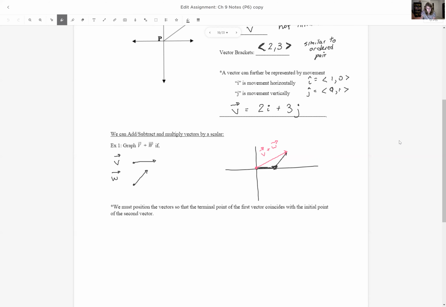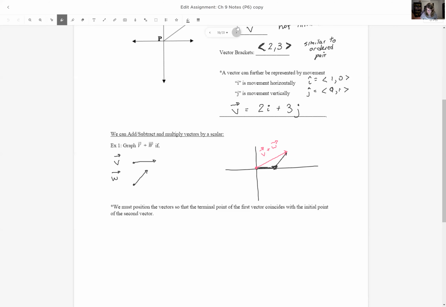I don't want to call it necessarily a triangle, but you go where the first vector takes you. From the end of that, you go where the second vector takes you. And from the very start to that ending place, that is our added vector. So we see that at the bottom here, we must position the vector so that the terminal ending point of the first vector coincides with the initial point, the start, of the second.